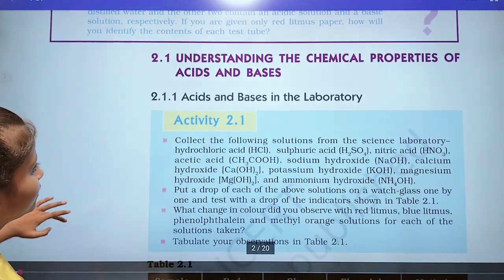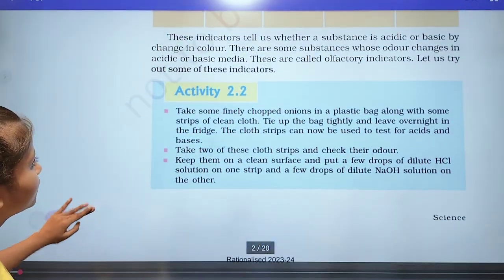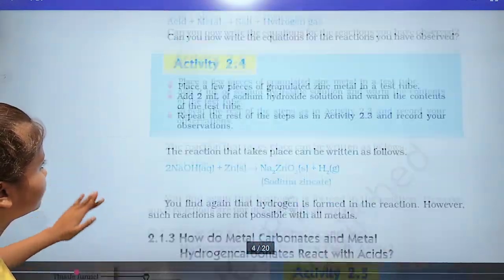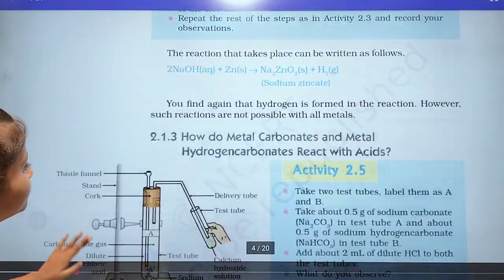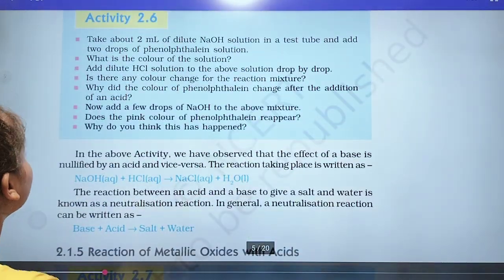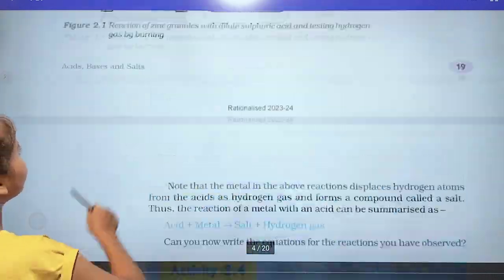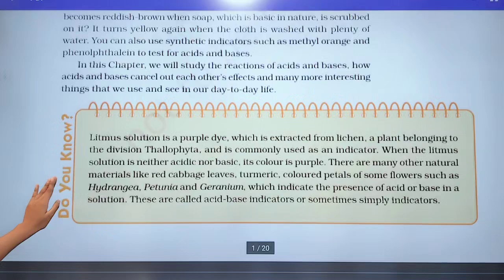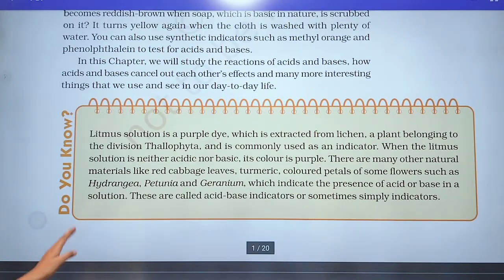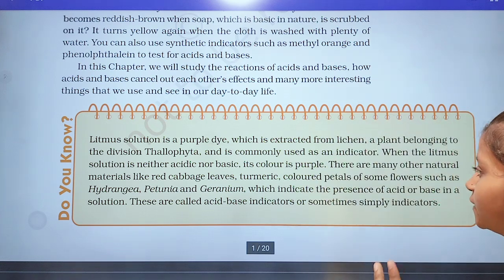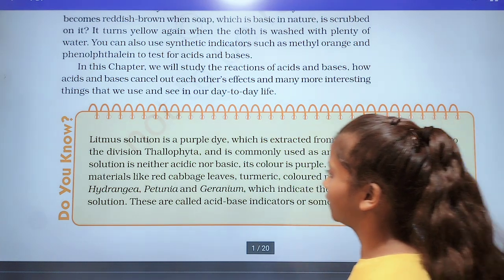Activity 2.1, activity 2.2, and many more activities are given here. I think you have understood this. Did you understand about the Thallophyta and about the indicators? You have to learn this type of indicator also.